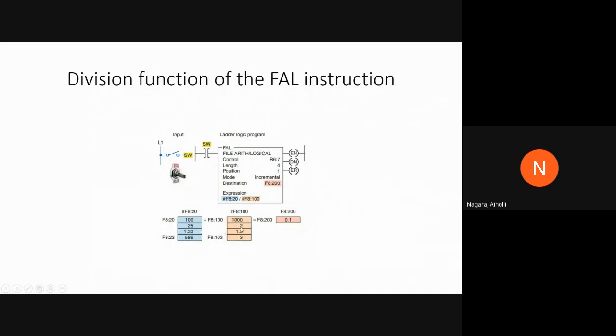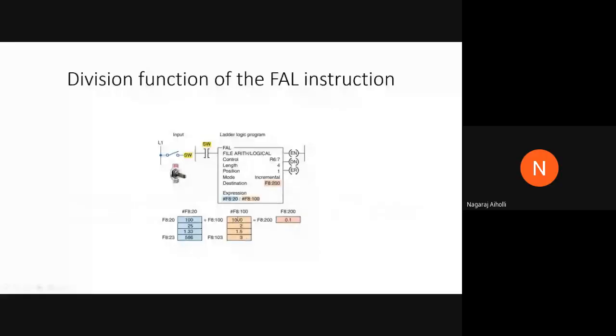It is 0.25 by 2. It is 12.5. Yes or no? The 12.5 value will be stored in the destination. Then 586 divided by 3, like that. So every result goes to the destination register or the destination memory location. Fine.